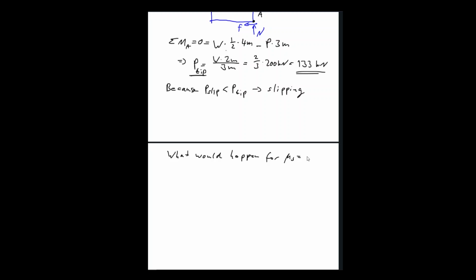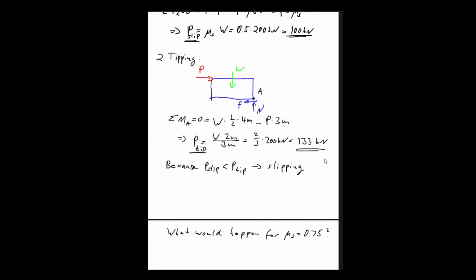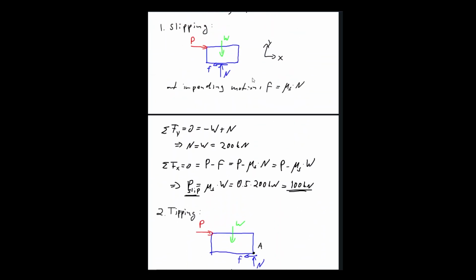Let's go back into our equations here. It doesn't change anything in our setup. Everything's going to stay the same. It's still going to be impending motion. The only thing that changes is this value right here. So if we pull this through, we can just recalculate what P slip is.